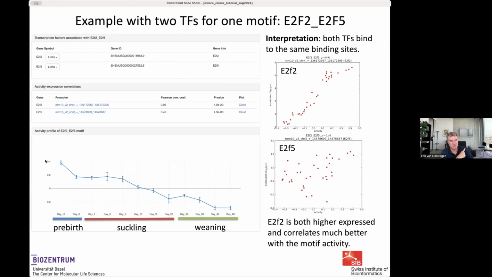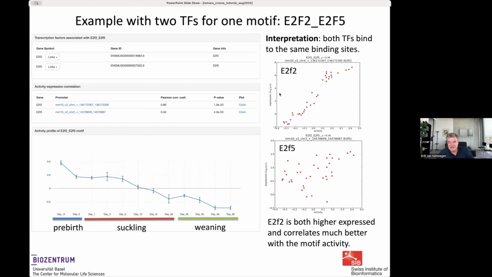And so this motif's activity is going down over time. Okay, so it goes from +4.4 to -0.3, so a 70% change over the time course. And now I've looked at the correlation plots for the activity of this one motif with the 2 transcription factors that are known to bind to this motif.